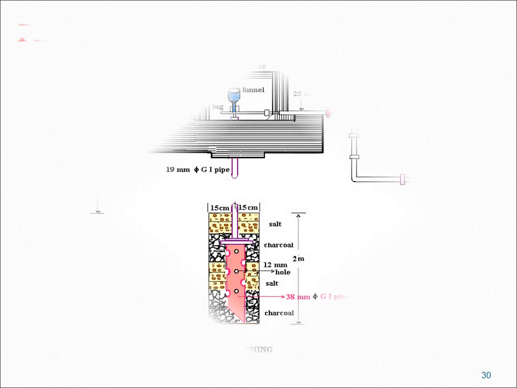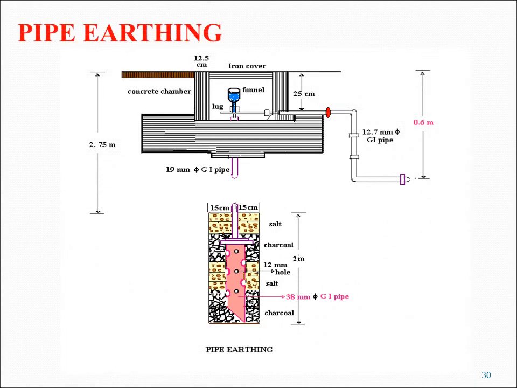The next one is pipe earthing. Instead of placing a plate, a GI pipe is placed inside the ground, and around it alternate layers of charcoal and salt are placed. So it will maintain the moisture level. If you increase the moisture level of the soil, it keeps the resistance of the soil at a low value.